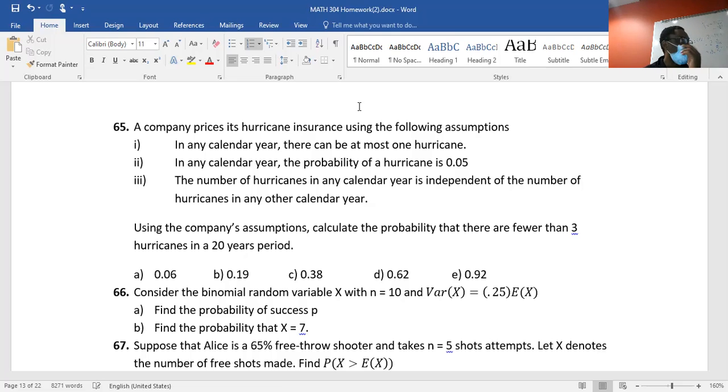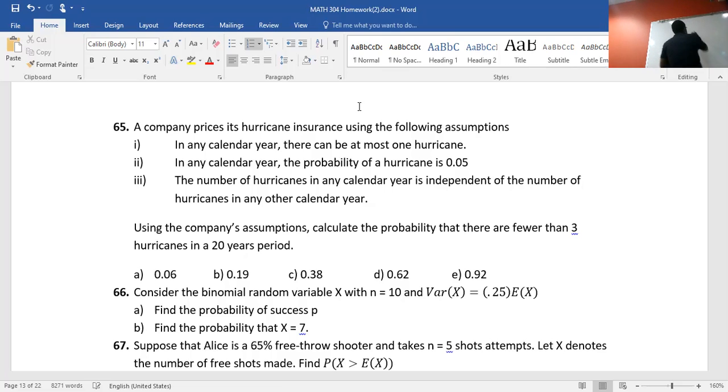So are those trials independent of each other every year? They are independent. Do we have a fixed number of trials here? So here we can identify success.